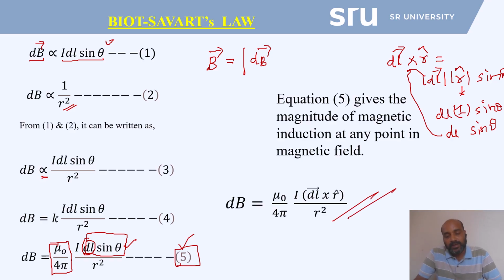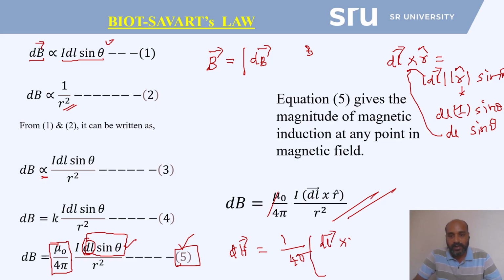So this equation is helpful to calculate the magnetic field induction B. Or you can write mu 0 as the denominator of B, then you can write the same equation in terms of H also. I mean, if you are interested to write in H, this dH will be equal to 1 by 4 pi dl cross r cap by r square.